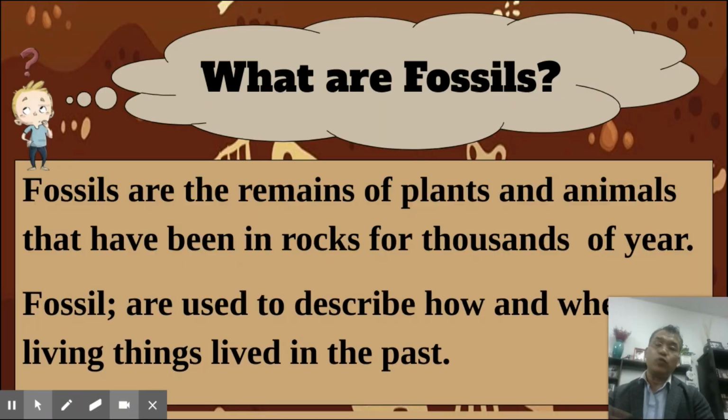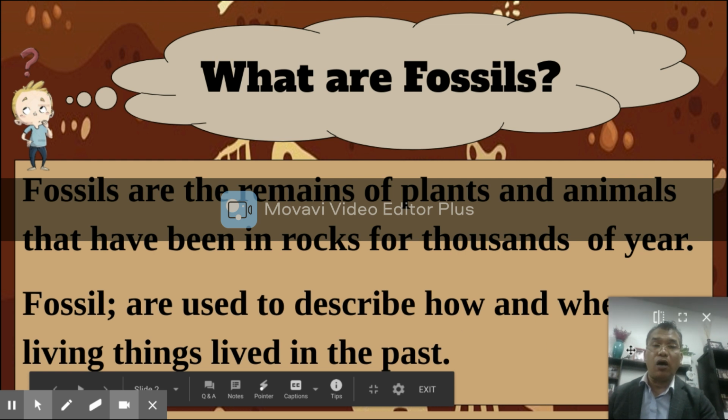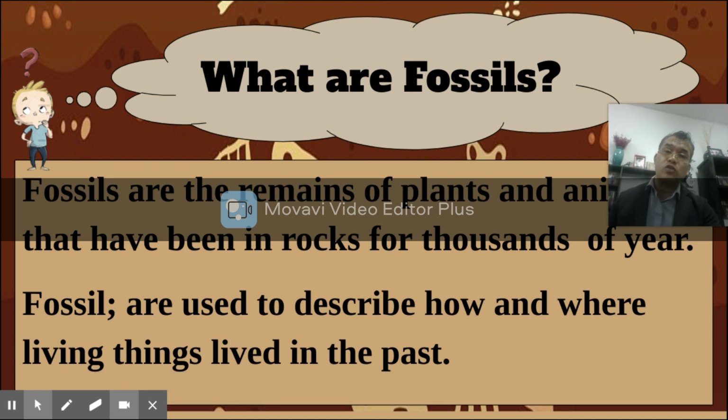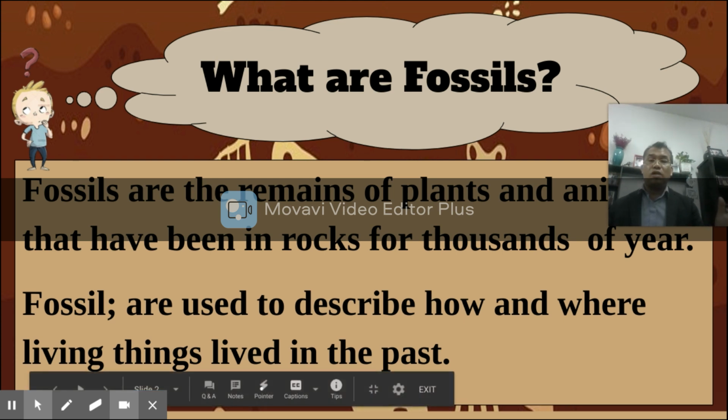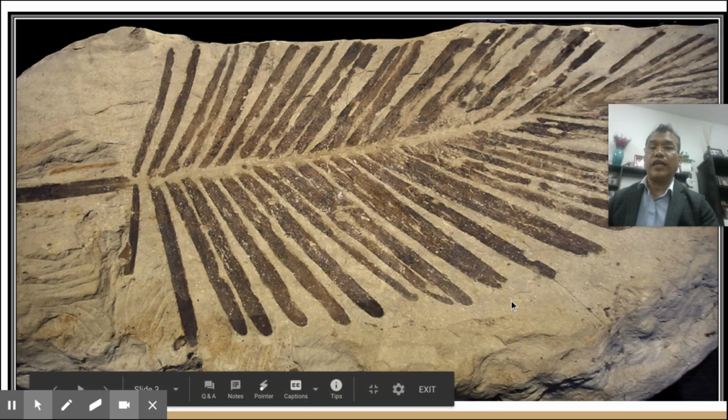Through this, we know what plants and animals were there long ago. So fossils are used to describe how and when living things lived in the past. For example, dinosaurs, we can't see them here, but it is through the fossils that we know about dinosaurs.